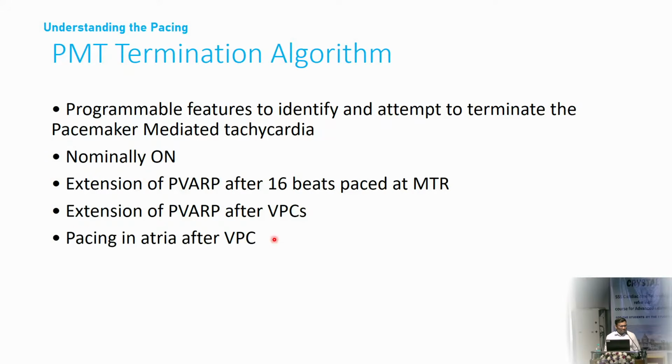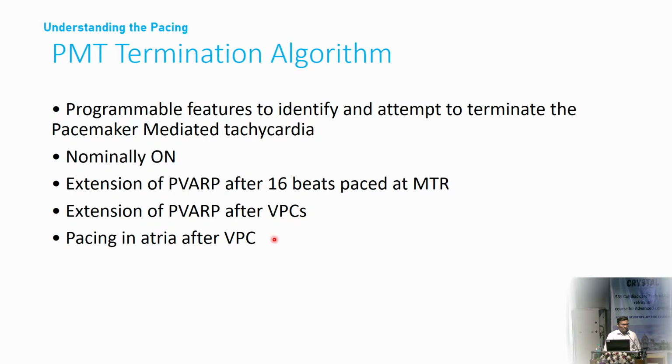There are many options: extending the PVARP after the PVC, and pacing the atria after the PVC, so the retrograde conduction can be terminated by pacing the A after the PVC. Please remember, it has to be a PMT, only then it will work.